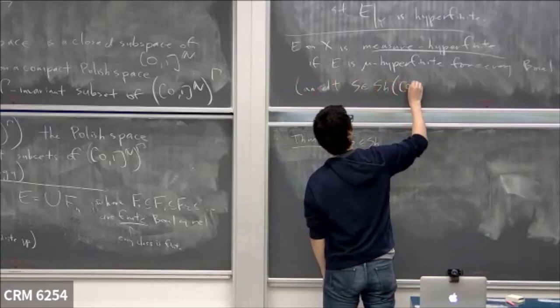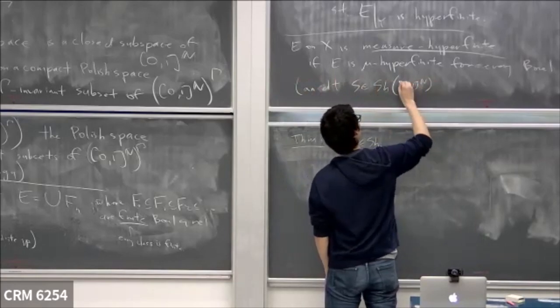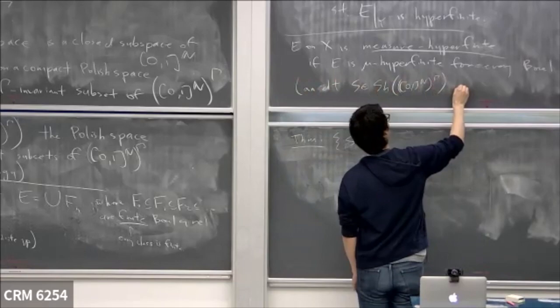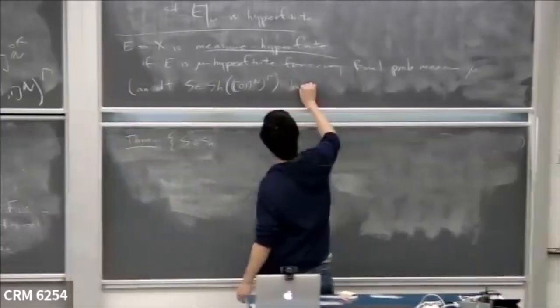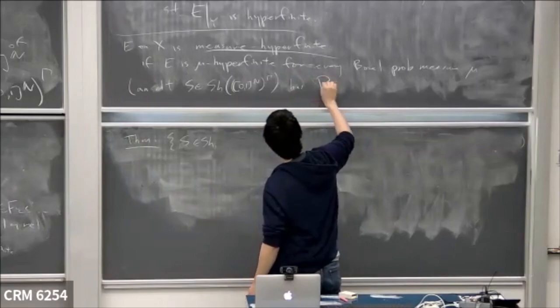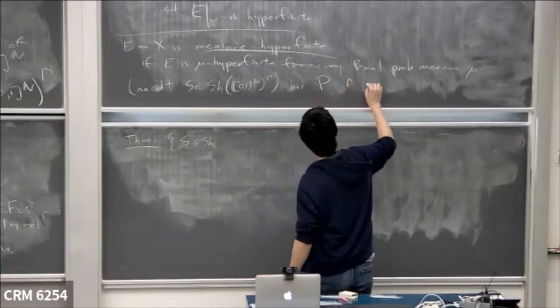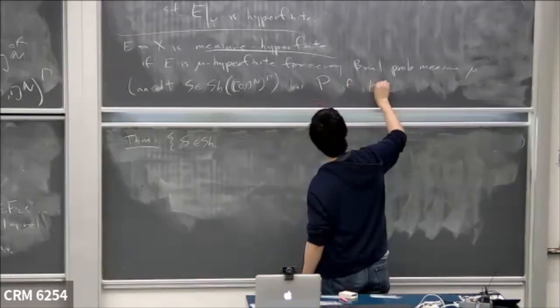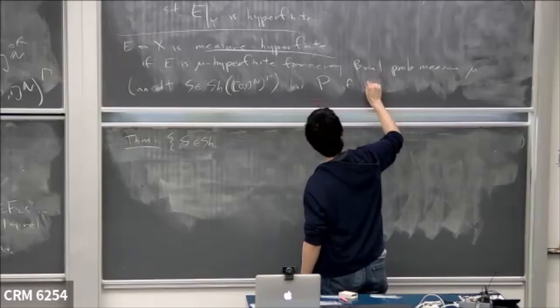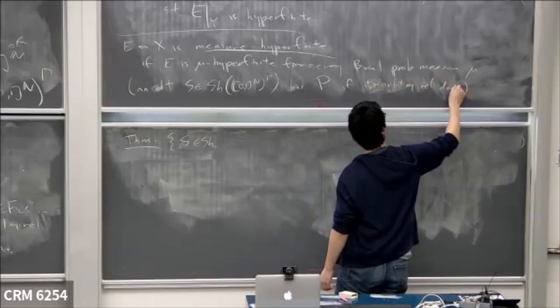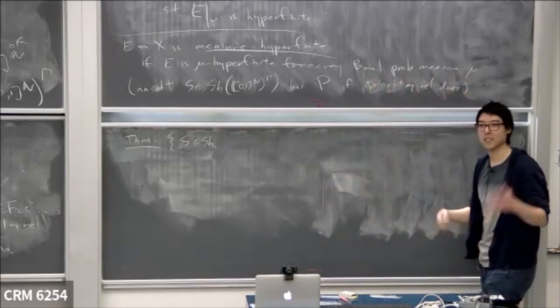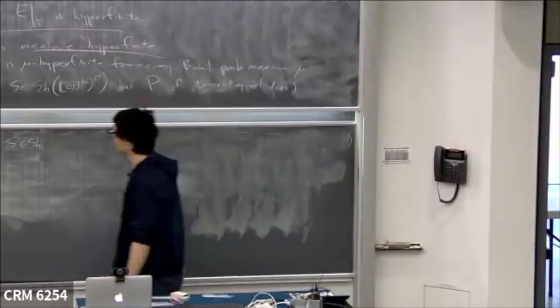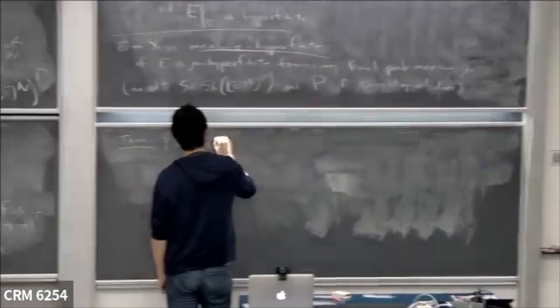So this space of closed subshifts has property P if the orbit equivalence relation does. So I'll say a shift is hyperfinite; what I mean is that the equivalence relation is hyperfinite, and so on. Okay, so the theorem is that, well, here's a theorem.